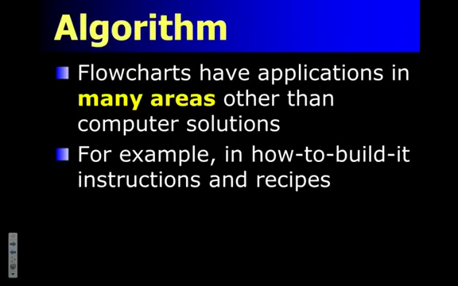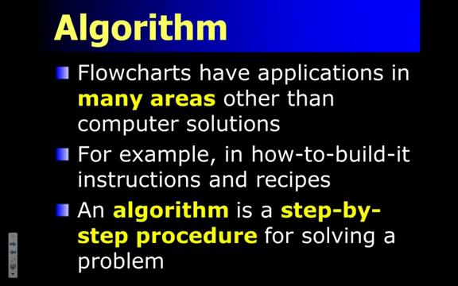When you buy something at IKEA and how to set it up, like a coffee table, you get how-to instructions that shows you step-by-step how to set it up. Recipes are how-to instructions, how to bake a cake. It shows you step-by-step how to do that, okay? So that's what an algorithm is. Recipes and instruction manuals are algorithms, okay? They're algorithms to show you step-by-step how to do something.